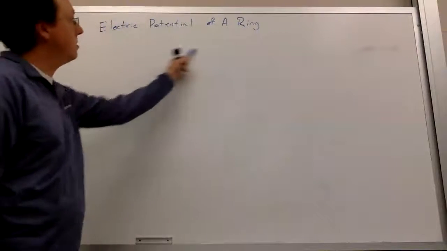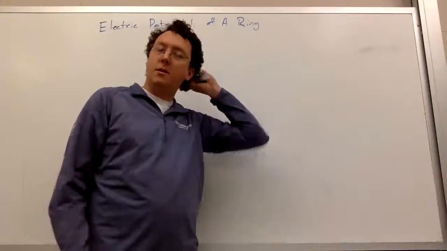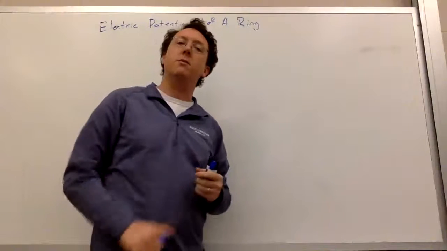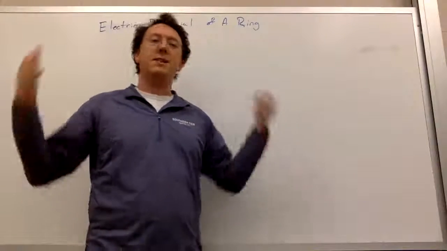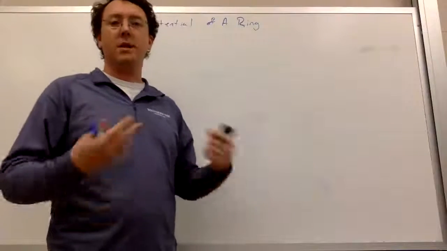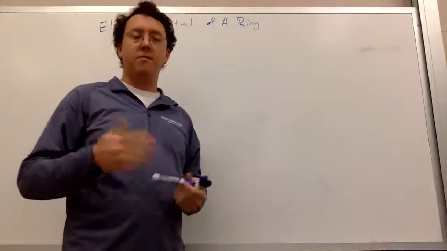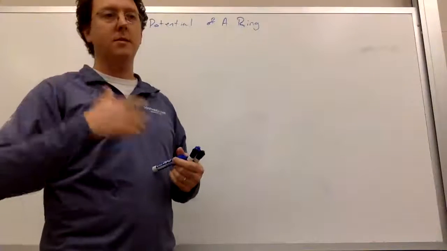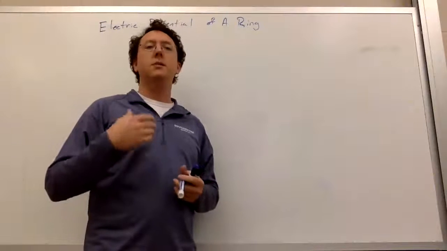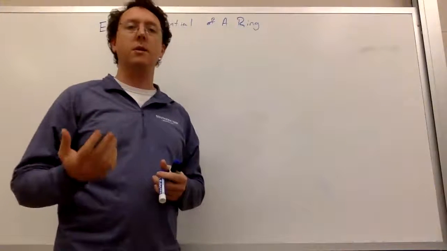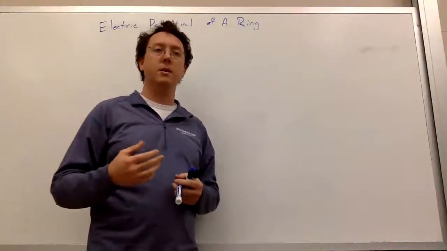I actually thought we would start with an example that we already solved before. And I thought it's an easy one, and it would kind of help get things rolling. So my plan for the first few videos is just to go through simple shapes and calculate the electric potential.